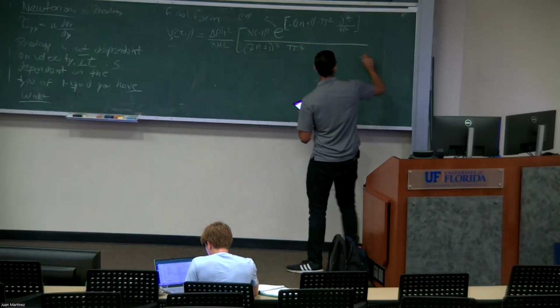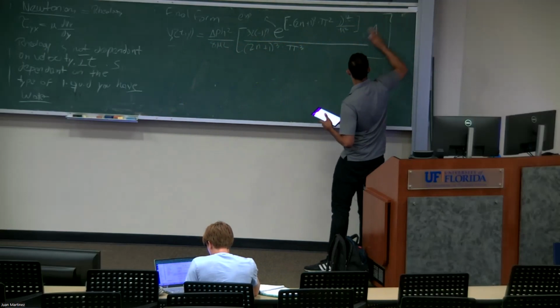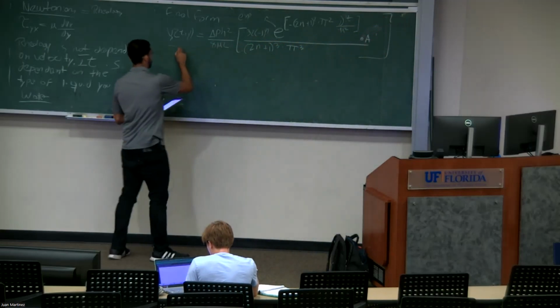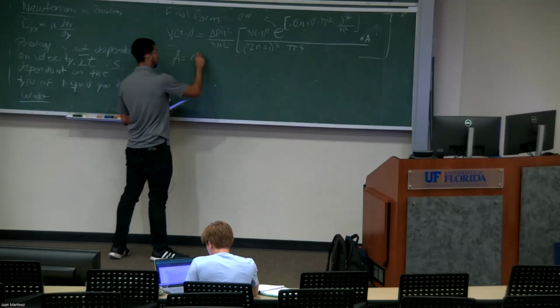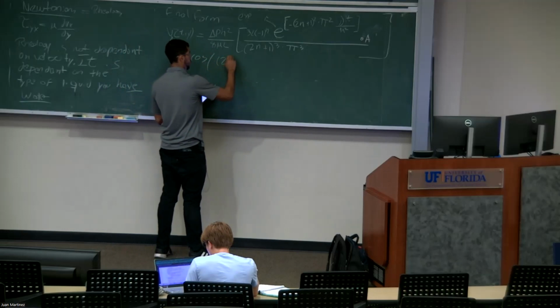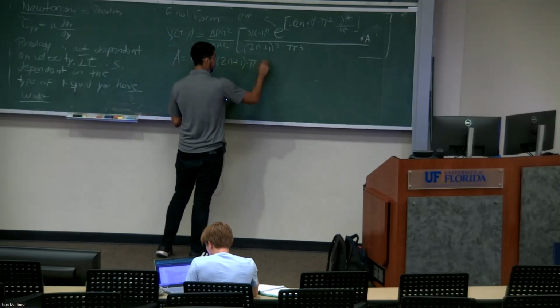And here we are multiplying this by a, which, because I don't have space, is the cosine of (2n+1) times pi times y over h.